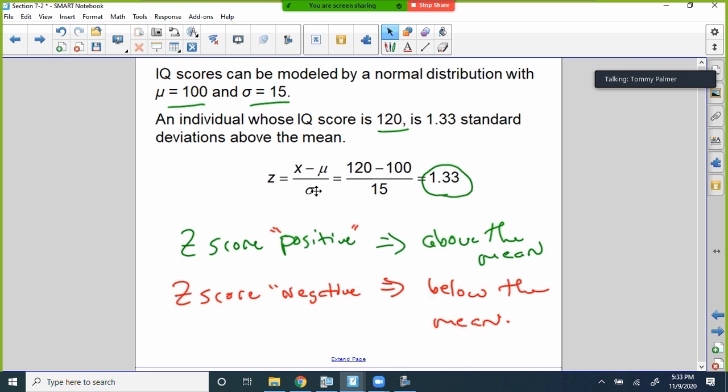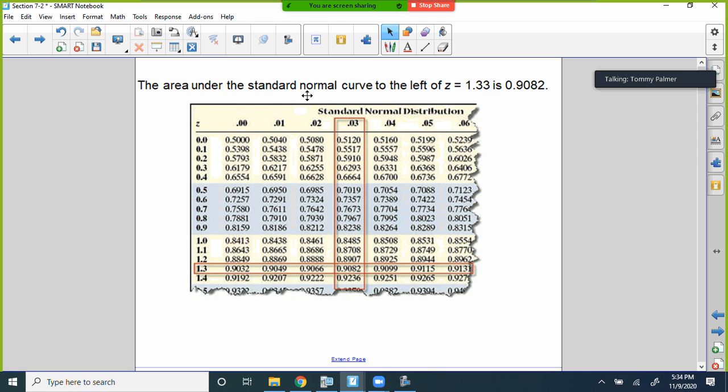So if we go to the area under a standard normal curve to the left of z equals 1.33. Now, when you read a z-table, you come over here and go to 1.3. So you'll read the tenths place on the left-hand side, and then your hundredths place will go horizontally.